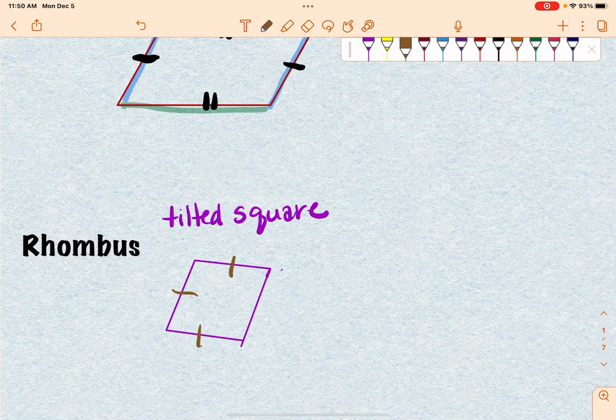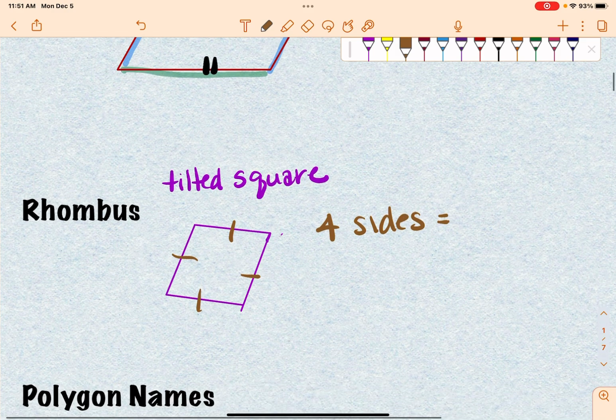So all 4 sides are congruent. So 4 sides are equal. And you do have those opposite sides being parallel. So those 2 would be parallel. And then these 2.